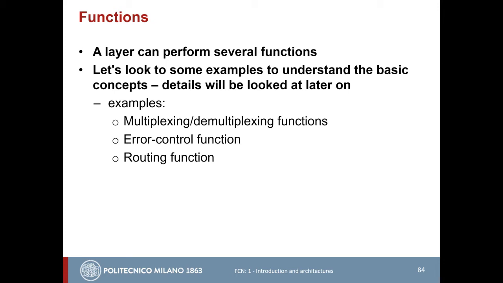So, what kind of functions can we implement in each layer? Actually, there are many. That depends on the different layers, but these three functions can be implemented with different results at various layers. So they are, let's say, the most important in terms of concept.